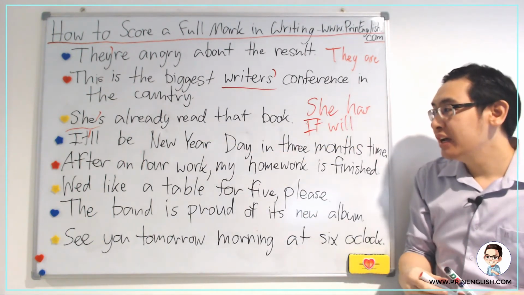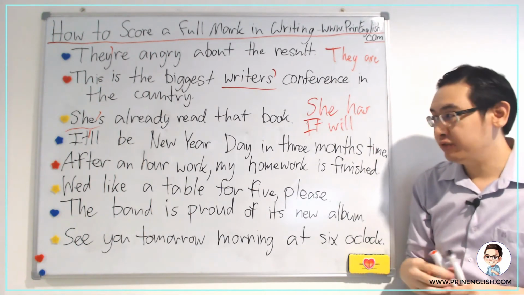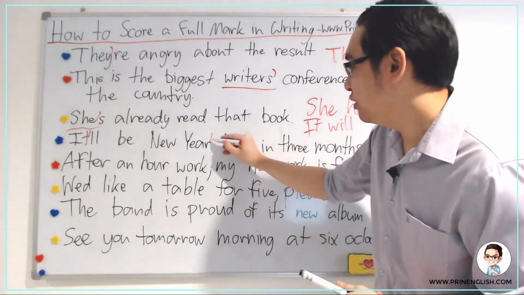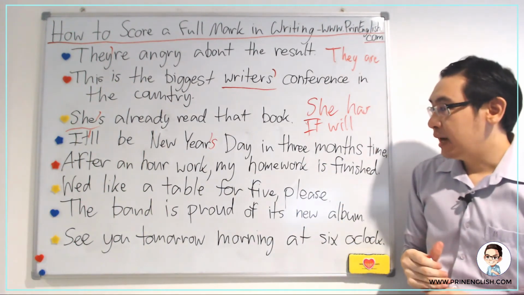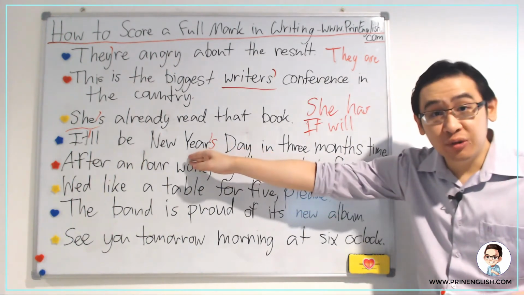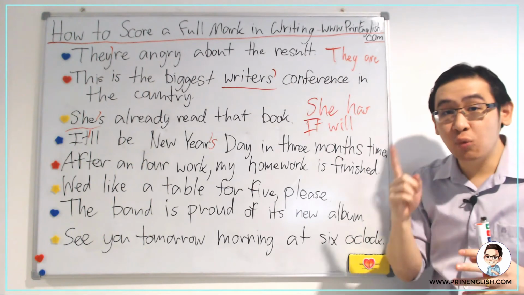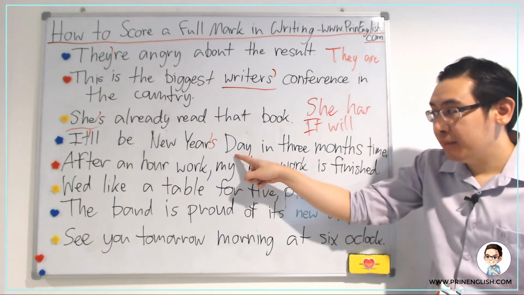So, it'll be New Year Day in 3 months' time. Where else should we put in the apostrophe? Here, okay? It should be New Year's Day, okay? So we're talking about possession here. So it's a day which belongs to the new year because, you know, each year there's only one new year, right? So that's why this day belongs to New Year.